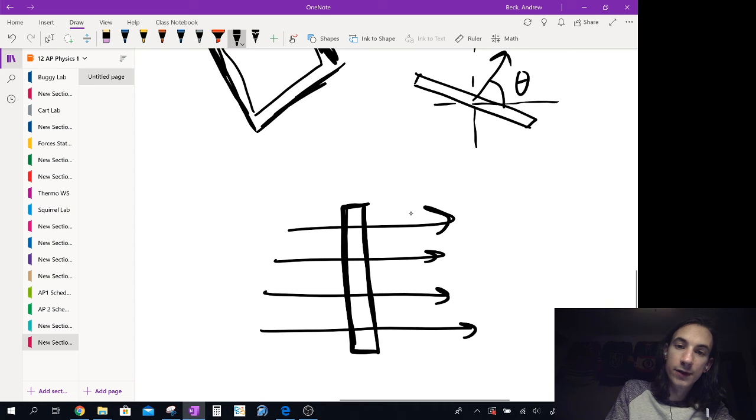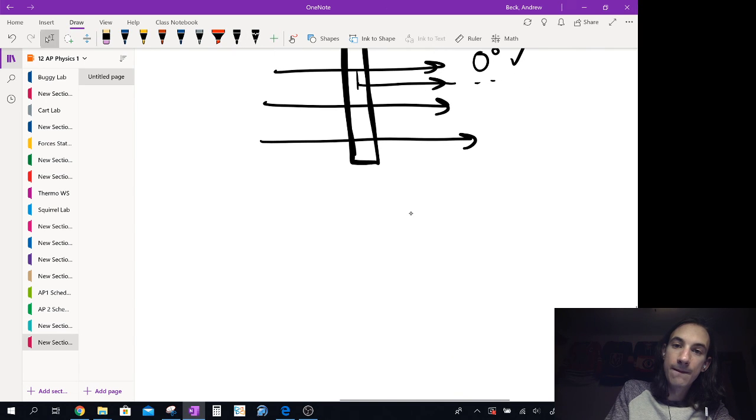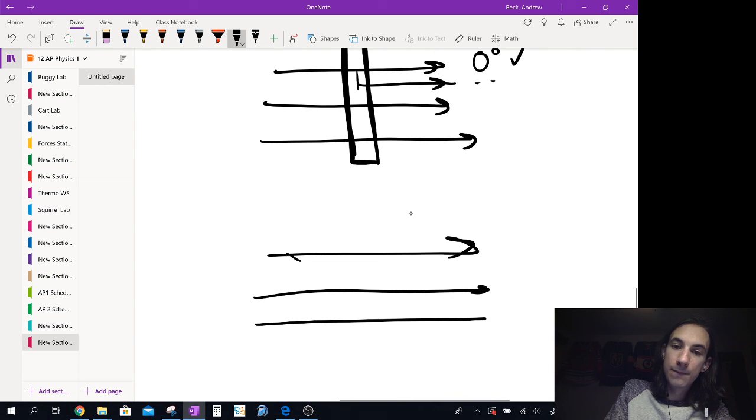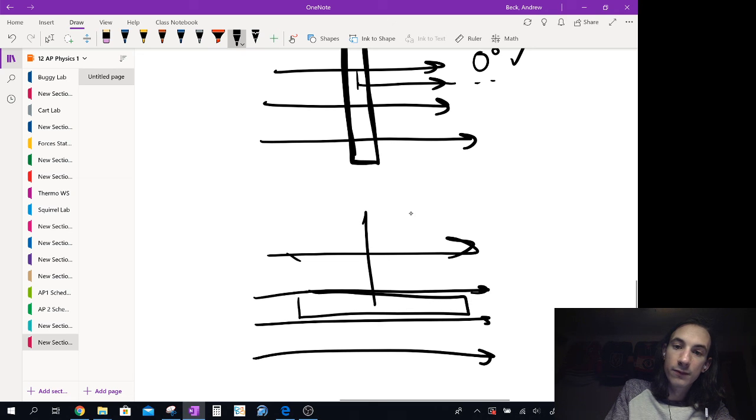So if this is my loop of wire, if my area vector is lined up, if this angle with the horizontal is 0 degrees, then we have our maximum amount of magnetic field moving through it. And if this angle is 90 degrees, then I have no magnetic field passing through my wire. That does not happen because it's passing right by it.